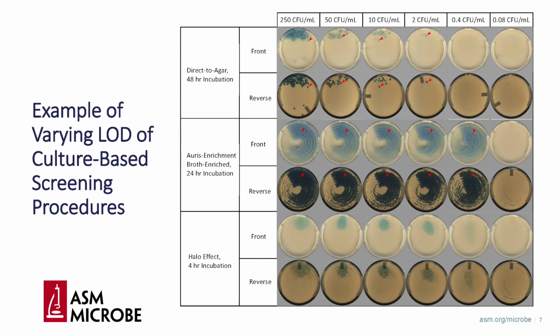So certain isolates would exhibit this halo effect and have this blue coloration, while others didn't. So it doesn't apply to all isolates, but it is a potential way to alert the lab that perhaps this may contain C. auris because of that blue halo at the inoculation site.